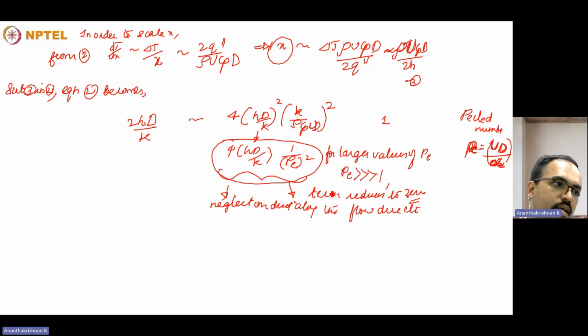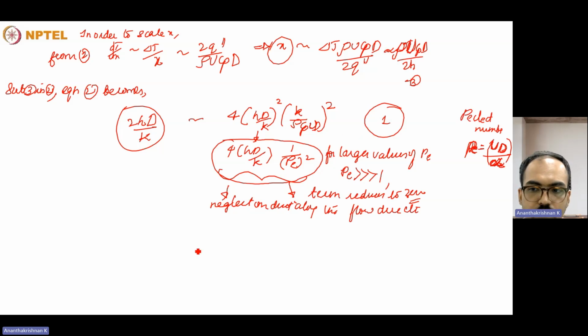So that means that in the flow direction, only the convection term dominates. The conduction is negligible, but there is conduction in the y direction, that is perpendicular to the flow towards the isothermal wall sides. So therefore, the simplified energy equation, the first term on the right hand side can be neglected.